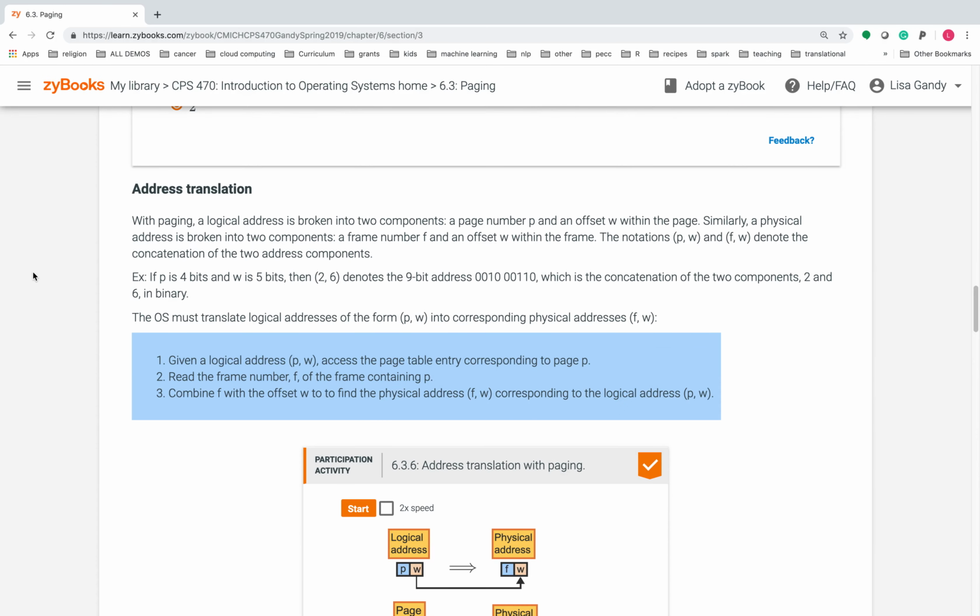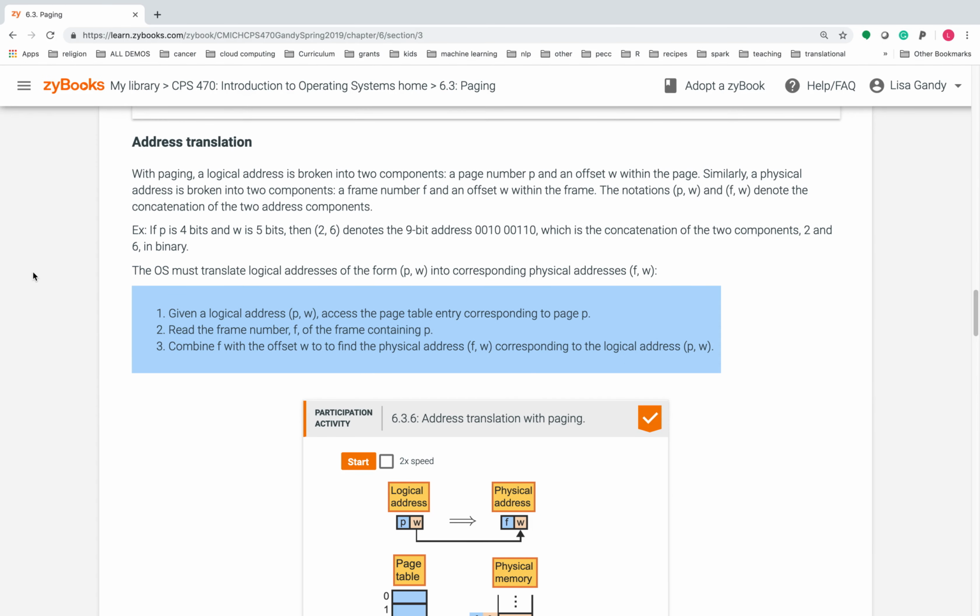Okay, so address translation. So with paging, we're going to have a logical address that's broken into 2 parts, a page number and an offset. Similarly, a physical address is broken into 2 components, a frame number and an offset.